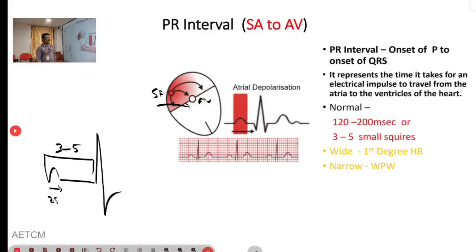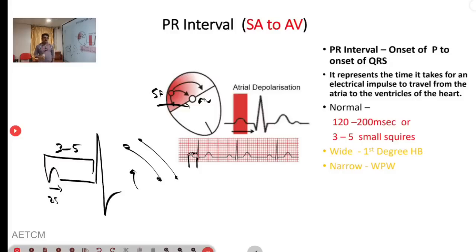So you can start from here to here, 1, 2, 3, 4, 5 divisions. That is the maximum. If it is more than that, the time taken from the SA node to the AV node is more. If it is less than that, there is an accessory pathway which is faster and conduction is faster. The normal PR interval is 120 to 200 milliseconds, that is 3 to 5 small squares.